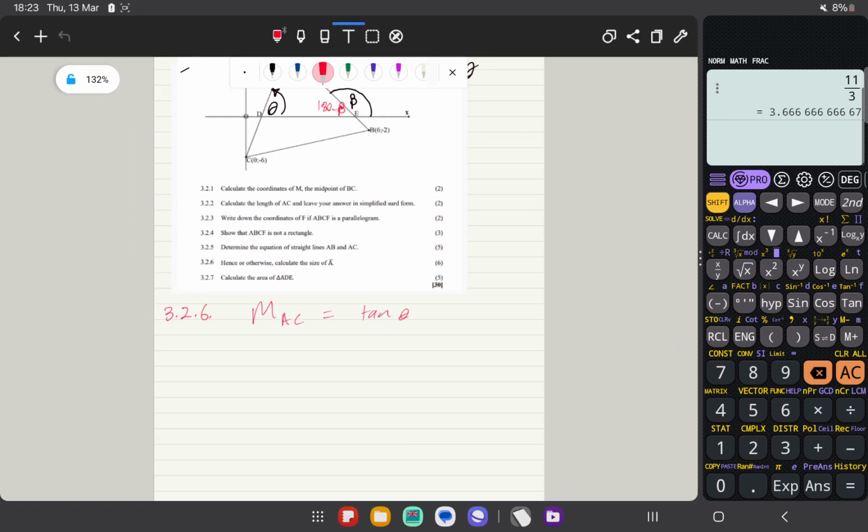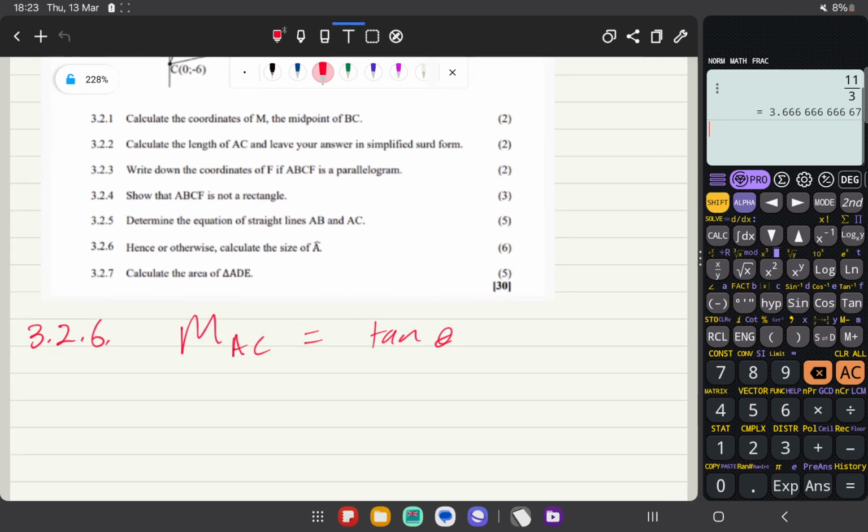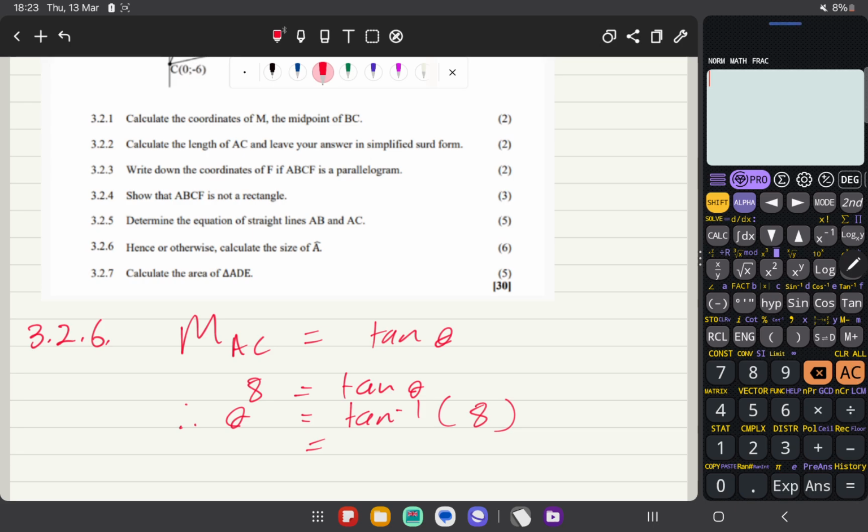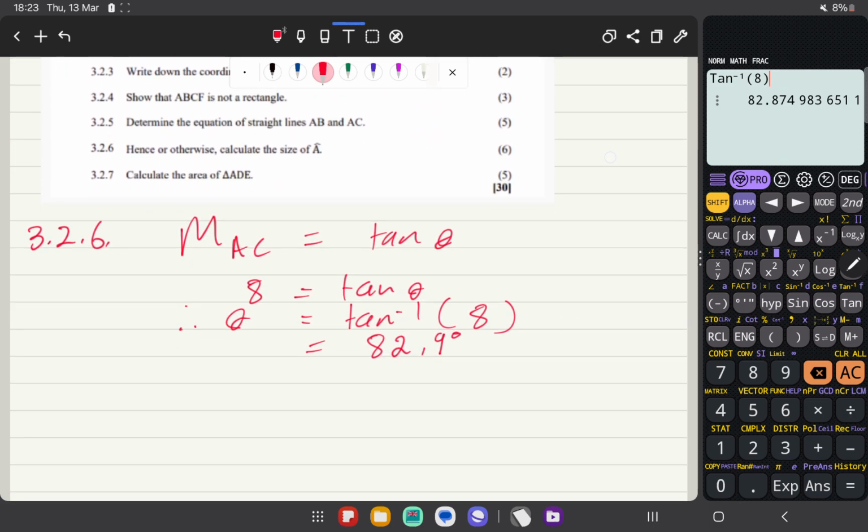So 8 is equal to tan theta, and therefore theta is tan inverse of 8. I go shift tan 8, and I'm going to round it to 1 decimal place. So it's 82.9 degrees. So theta is 82.9 degrees.